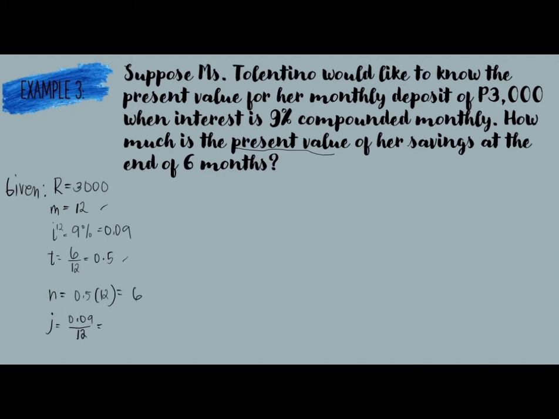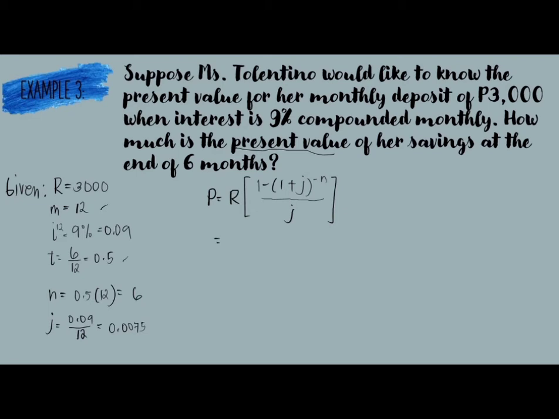So, kapag dinivide yan, ang makukuha natin answer is 0.0075. Okay, now let's compute for the present value. So, formula for the present value is regular payment times 1 minus the quantity of 1 plus j raised to negative n over j.